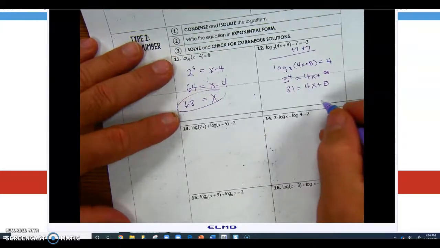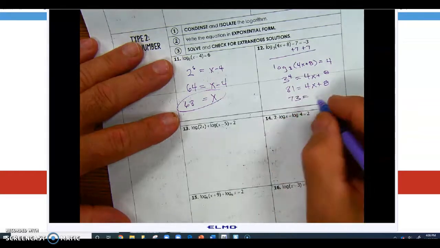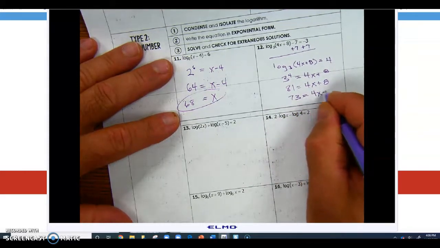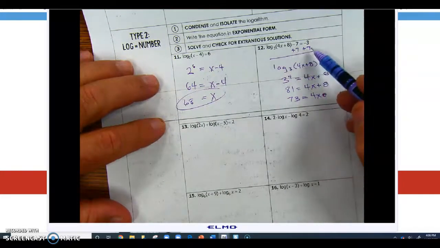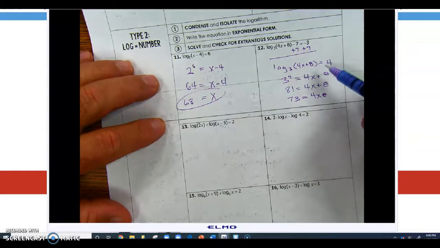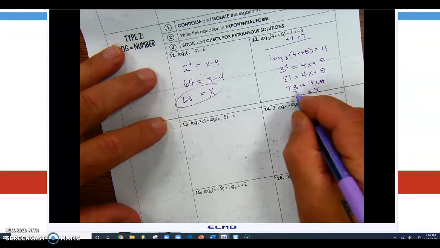Subtract 8 from both sides. 73 equals 4x. Make sure I didn't do anything wrong here. I'm sure I didn't, but 3 to the 4th power. So x equals 73 divided by 4.